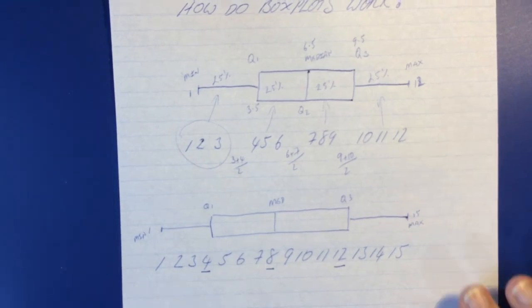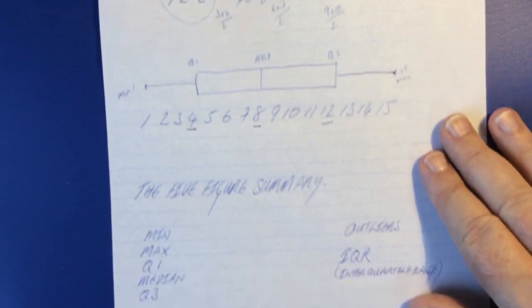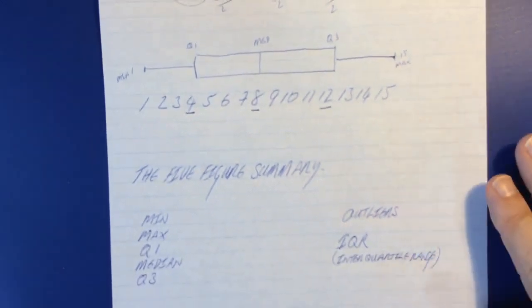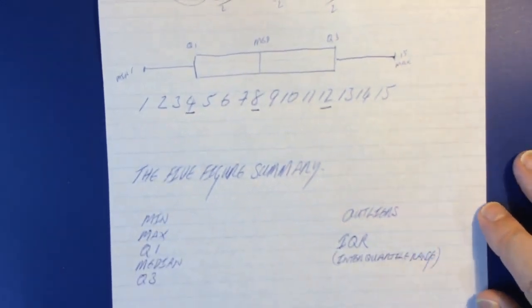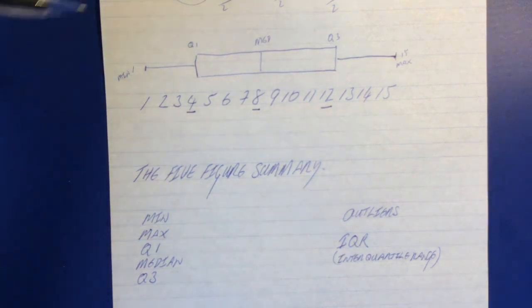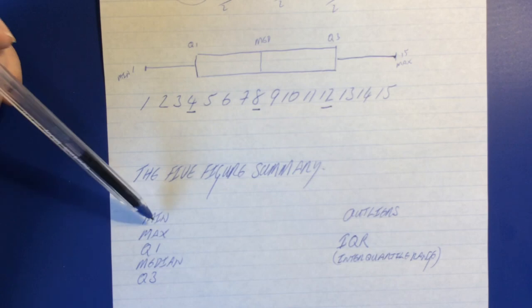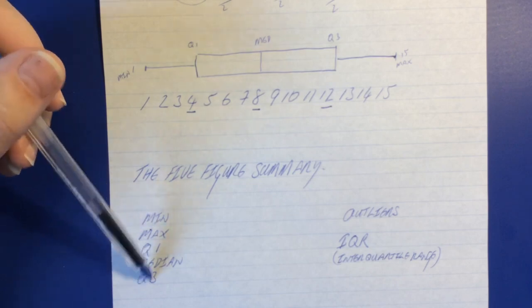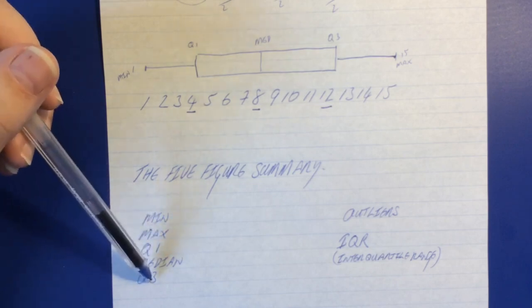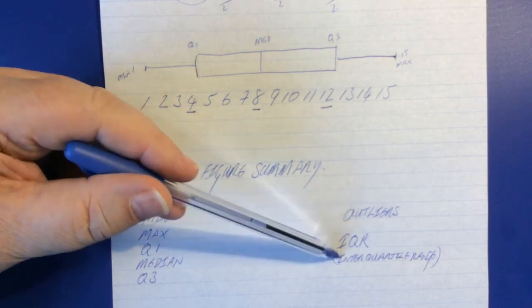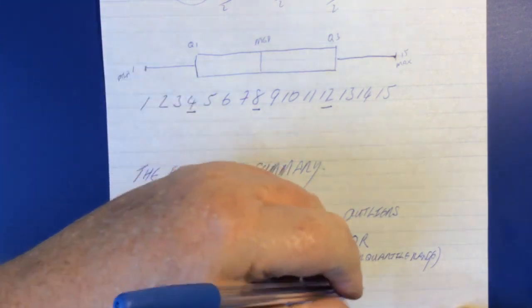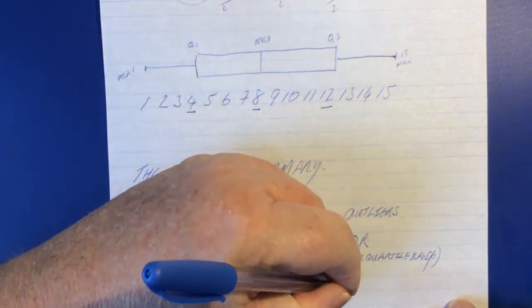Okay, so what else is there to say in this video anyway? Well, it's possible to construct one of these things from what's called a 5-figure summary. And you see it here on the left. We'll talk briefly about what these are and maybe one other thing called range.